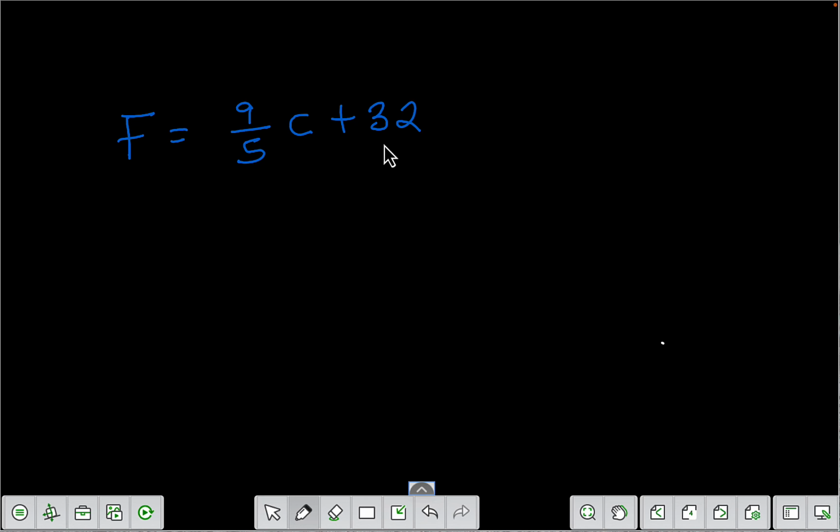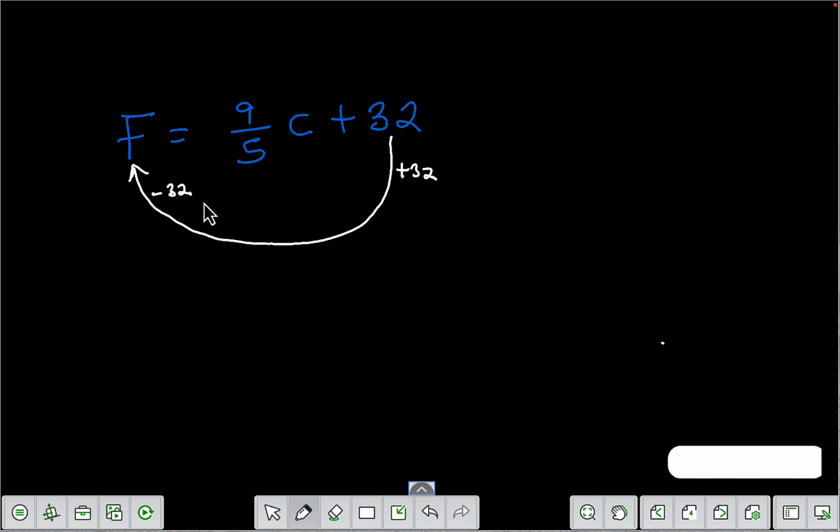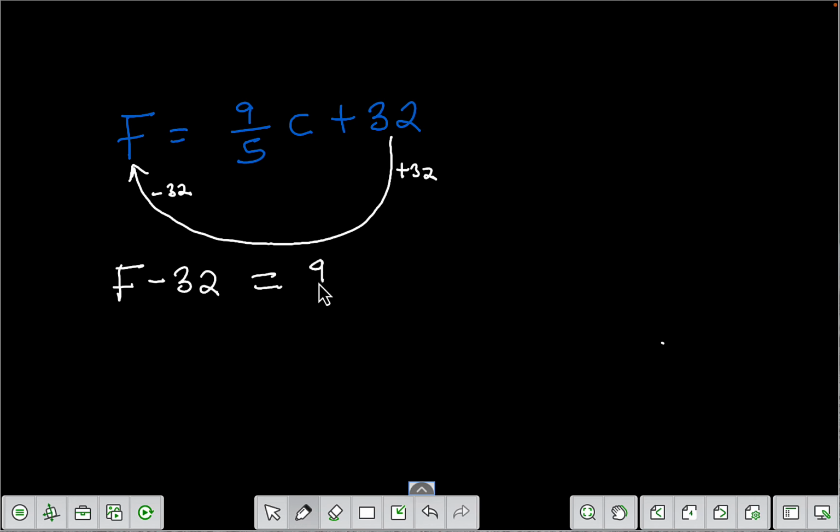We're going to transpose 32 from here to there, right? And it is positive 32 here, so it would become negative 32 there. And this is going to give us F minus 32, and that is equal to 9/5 C.